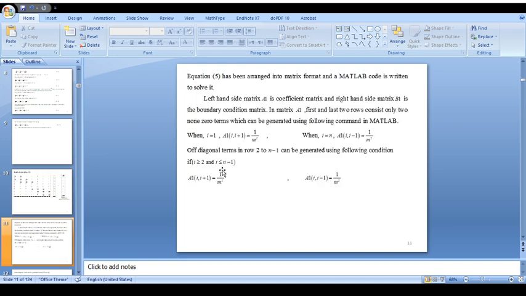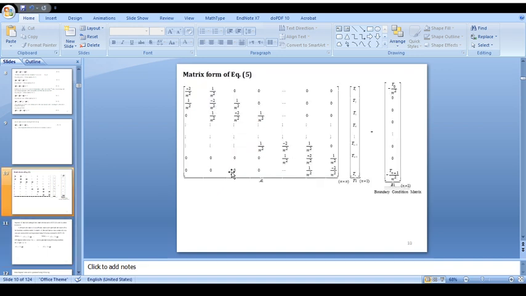Now the second command is to generate the off-diagonal terms. Of these you have terms at I plus 1 and I minus 1, where I is always greater than or equal to 2 and less than or equal to n minus 1. So practically you are calculating this element and this element, here this one and this one, this one, this one, and this one.